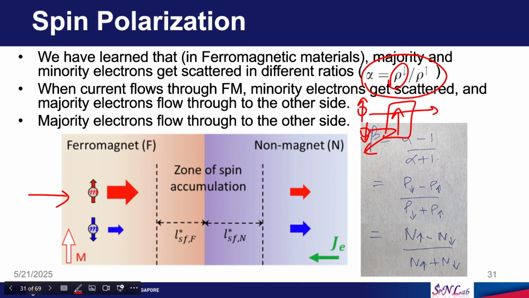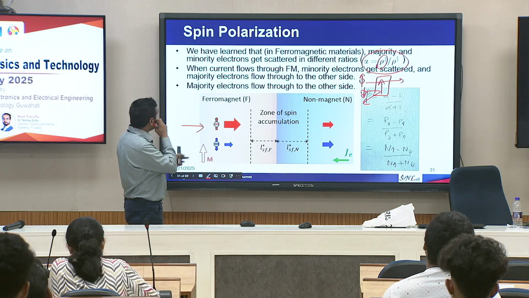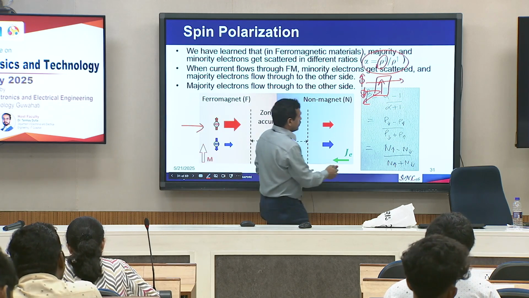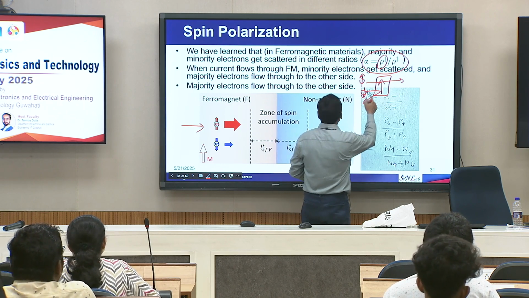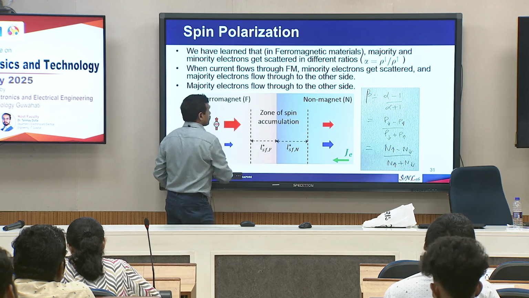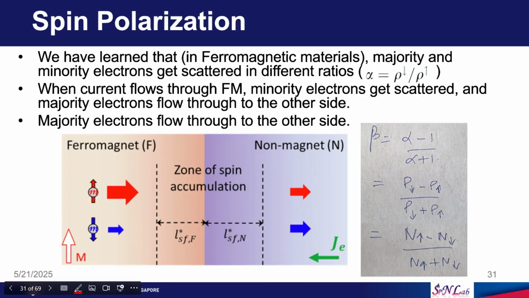This aspect of one type of spin going through a ferromagnetic layer is called spin polarization, expressed by beta.